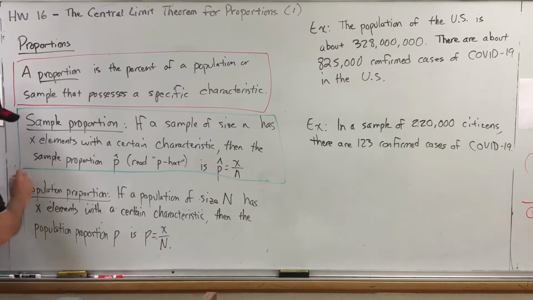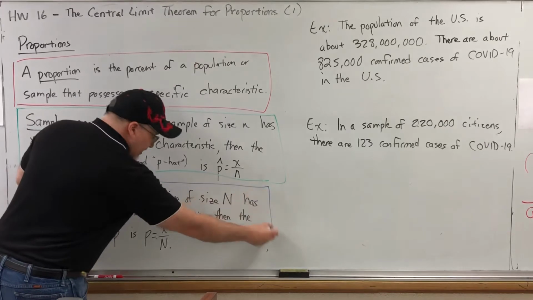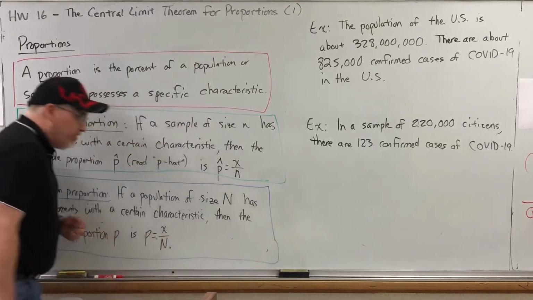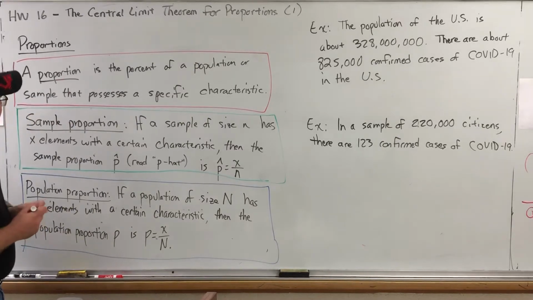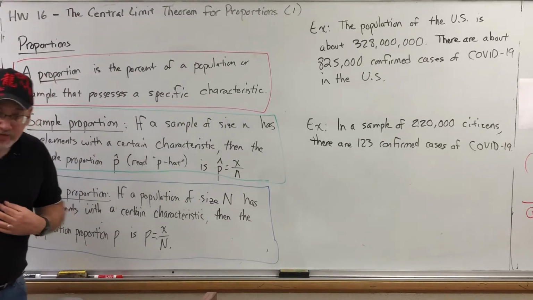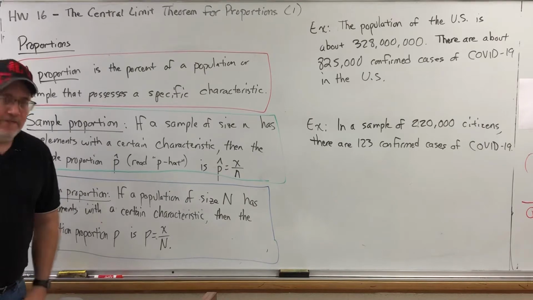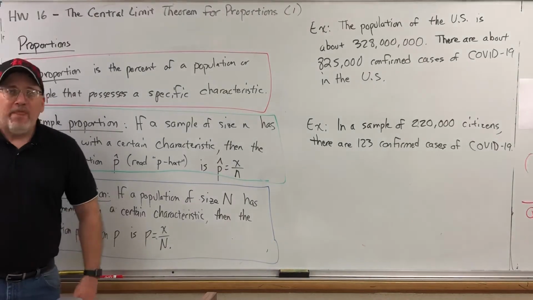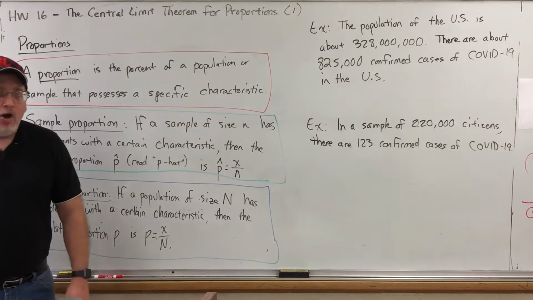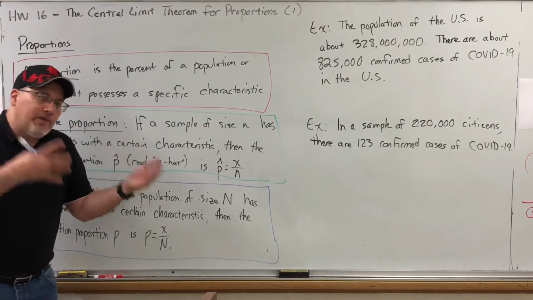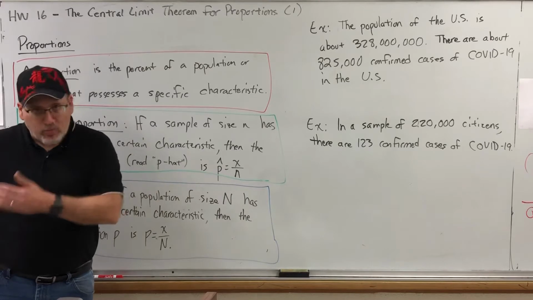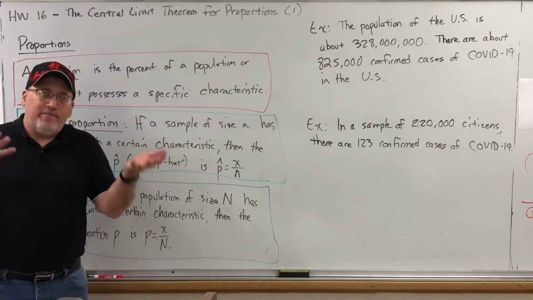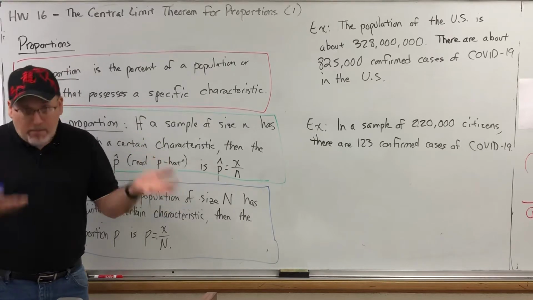But the reason each one gets its own definition and hence its own variable is because when we're done with this chapter, in fact, this is the last section we're going to cover in this chapter, we are finally going to venture into inferential statistics. Just a reminder, inferential statistics are where we try to infer something about a population based on what we know about a sample. So in order to do those things, we have to have measurements for each of a population and a sample.